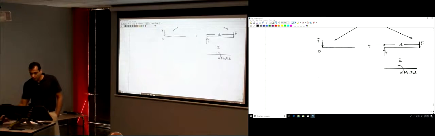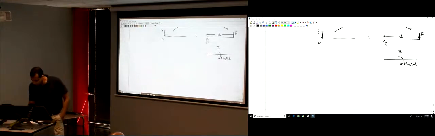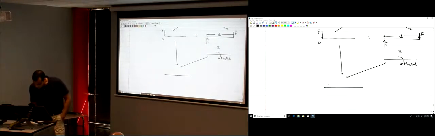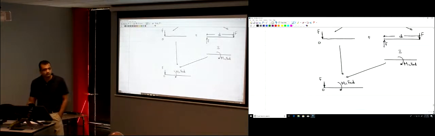So what do I get from here? I'm just going to sum those again. I can move F to point O, but I have to add a couple moment that is equal to F multiplied by d.